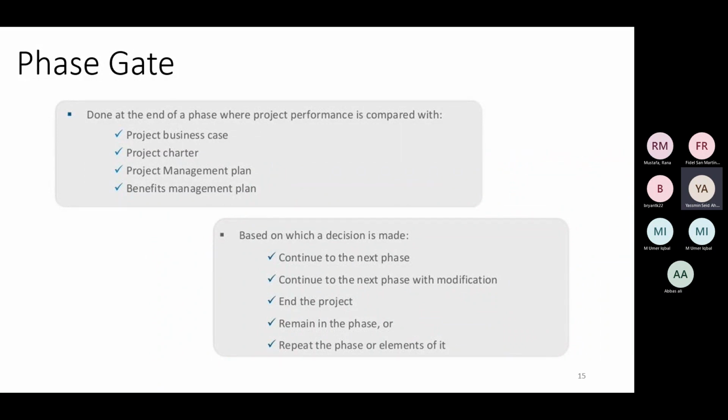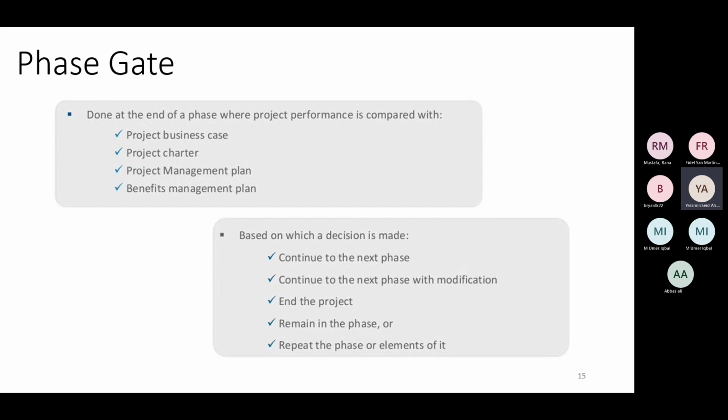So you have decided to continue working on that project and move to the next phase, where we actually create a business case and the benefit management plan, and then the sponsor will create that, and then we will hand it over to the project manager, who will then work on the project charter.